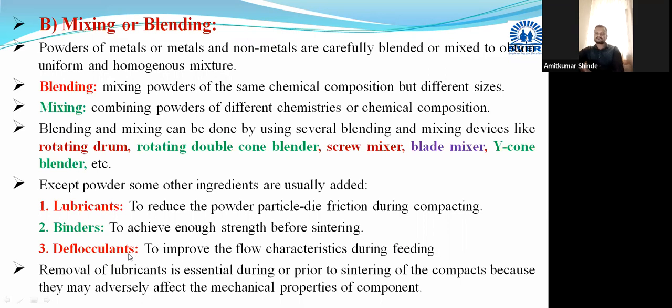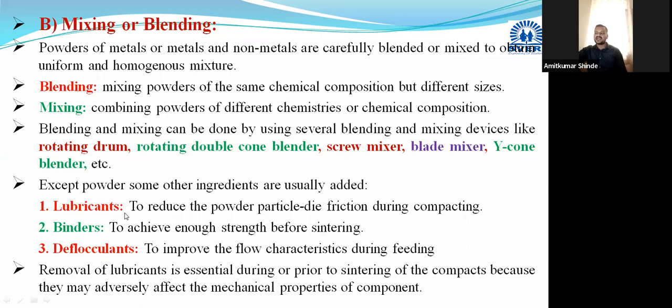Now whichever lubricants or deflocculants we have added, they play their role, and these lubricants have a role only in the compacting process. Hence, before starting the sintering stage, these lubricants are removed by conducting some preheating or pre-sintering operation, heating the component in the 400 to 800 degrees Celsius zone.